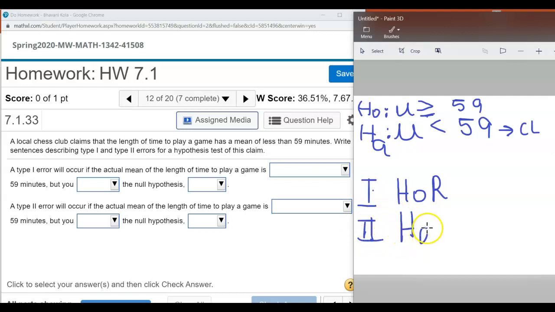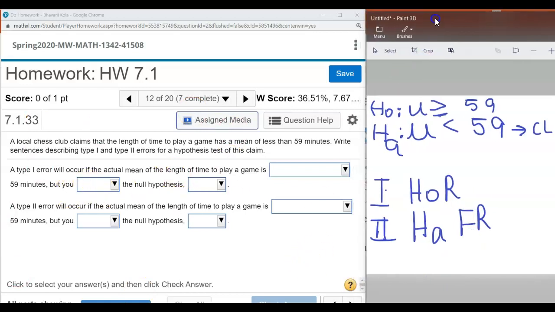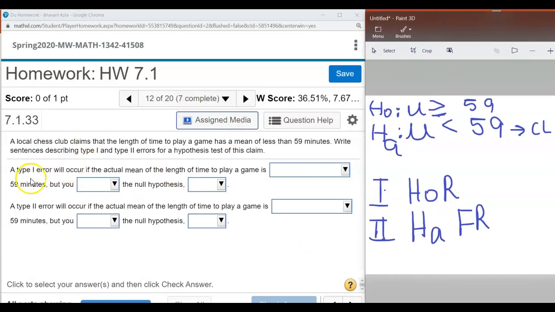HA and fail to reject. So I'm going to keep this while we do the problem here, and I'm going to walk you through. Type 1 error. So the first problem is type 1 error, right? So type 1, H naught, and reject.